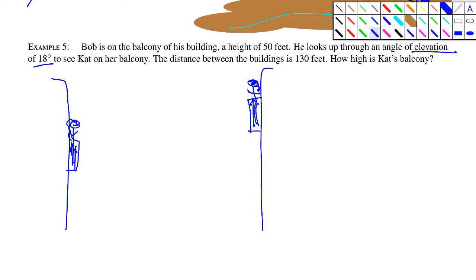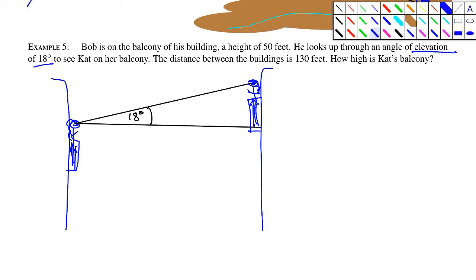Okay, that's not as good. All right. Then we need to create the angle of elevation. So from where Bob is looking straight over, that's the horizontal. And then he looks up to see Kat on her balcony at an angle of elevation of 18 degrees. And we want to determine how high up her balcony is.